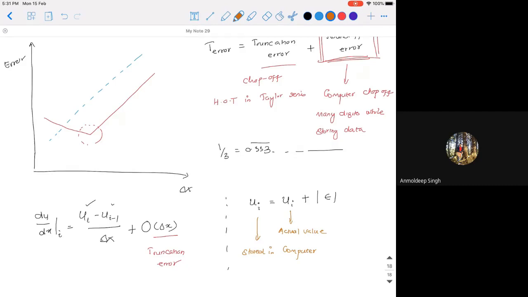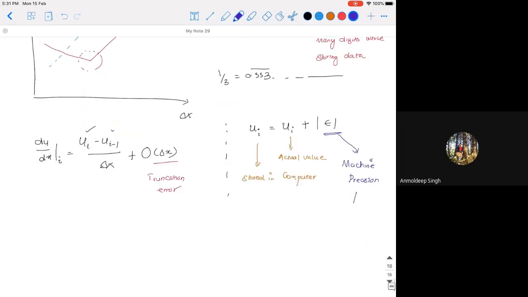So this epsilon, if I am right, is called machine precision. For different computers, it will be a different value. It is the smallest number that a computer can store in memory.